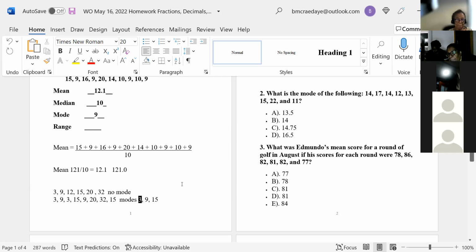You said we would have 3 modes? Yes, because 3, you see there, 1, 2, 2 3s. 9s, you have 2 9s. 15, you have 2 15s. But 20 and 32, you just have 1 each. So they both appear more than the 32 and the 20, which only appear once. So what are the modes? 3 modes: 3, 9, 15. Any questions?